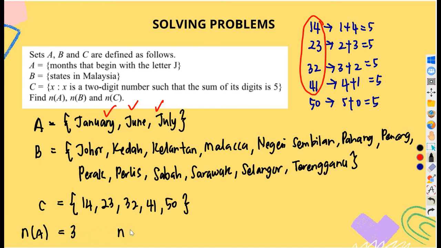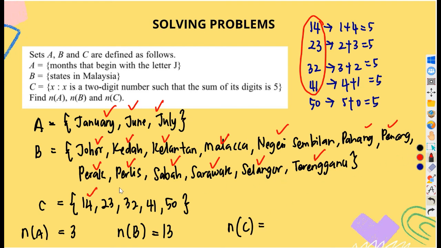Okay, the number of elements for set B: we already know there are 13 states in Malaysia, so 1, 2, 3, 4, 5, 6, 7, 8, 9, 10, 11, 12, 13. So 13 here. And the last one, the number of elements in set C is equal to 1, 2, 3, 4, 5. So we have 5 here.